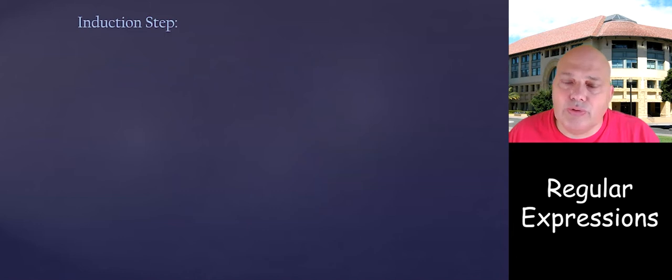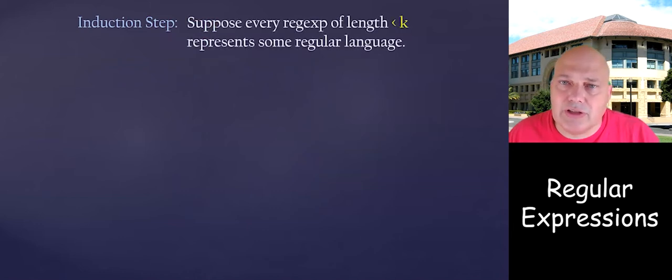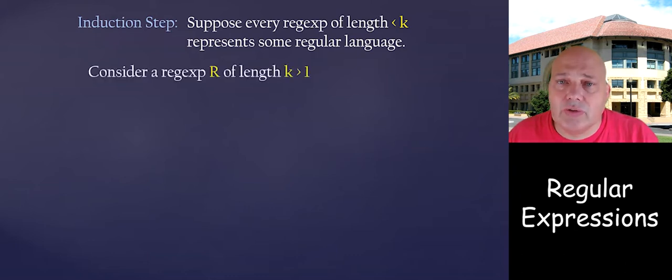Now we want to do the induction step. The induction step assumes that every regular expression of length at most k represents some regular language, meaning that it has some NFA that recognizes the same language. So consider a regular expression of length k larger than 1. These kinds of regular expressions are not the base regular expressions.